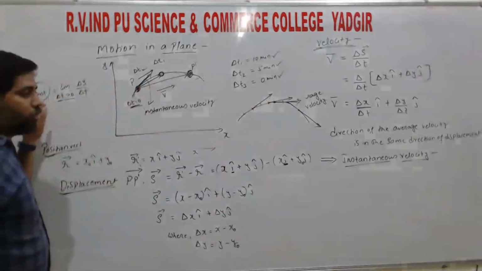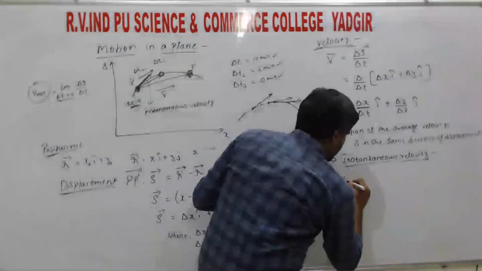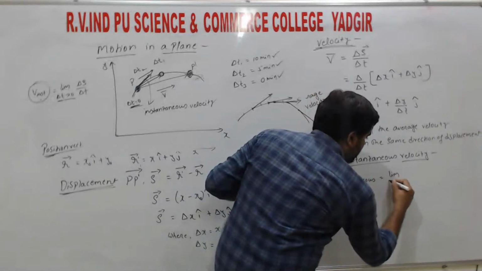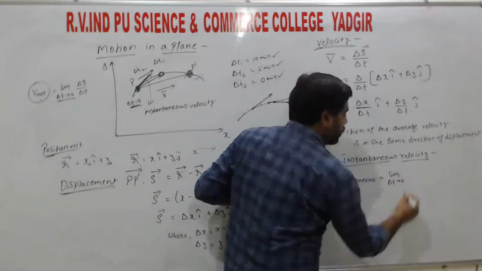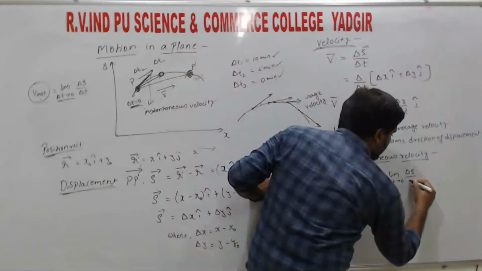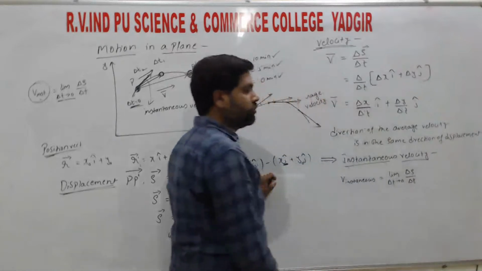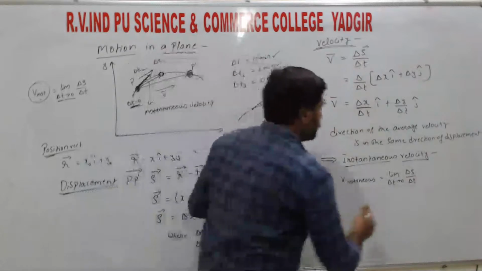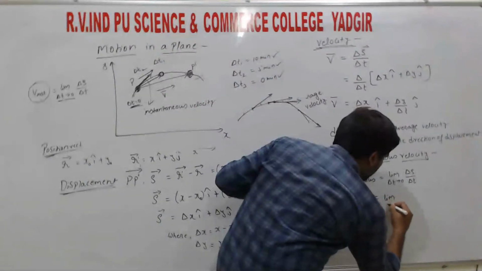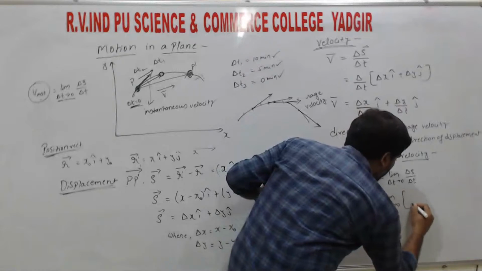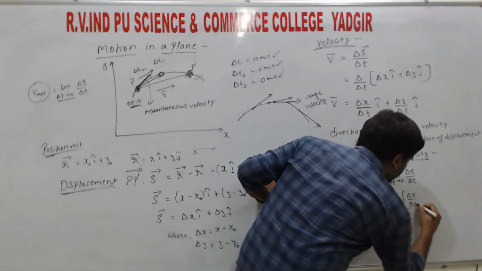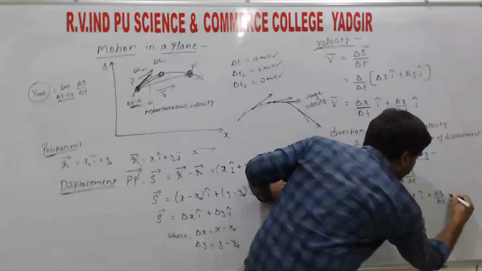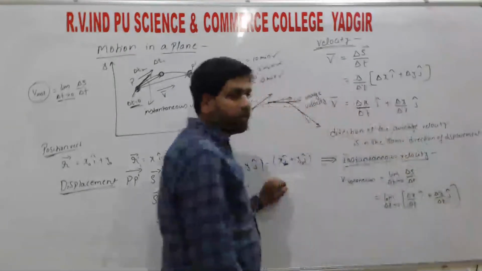So to find the magnitude, again by the same, v instantaneous is equal to limit delta t tends to 0 of delta x divided by delta t, right? So here we have delta s, right? So that one is limit delta t tends to 0 of delta x by delta t i cap plus delta y by delta t j cap, right?